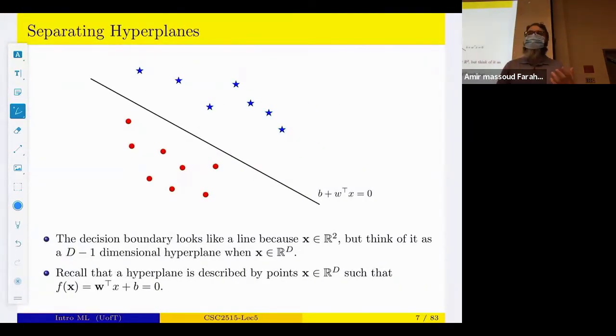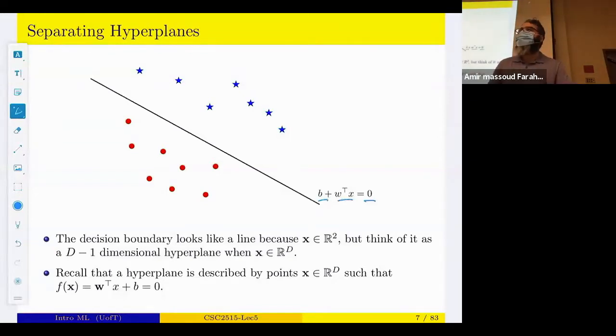Let's try to formalize it a bit more algebraically. The decision boundary basically looks like a line here, and it's described by some kind of linear equation. The formula for the line would be something like W transpose X plus B equal to 0.